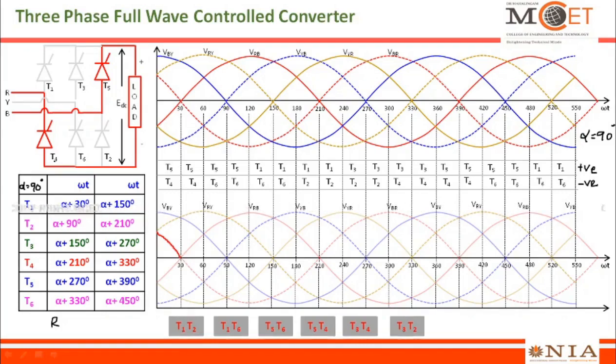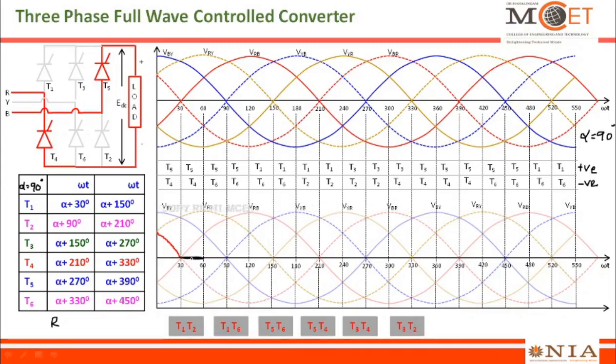So naturally T5 and T4 might have stopped their conduction because of the reverse voltage, as far as resistive loads are concerned. It stops its conduction here, and in the next 60 degrees it will not conduct. T5 and T4 will not conduct. This is what we call discontinuous conduction.